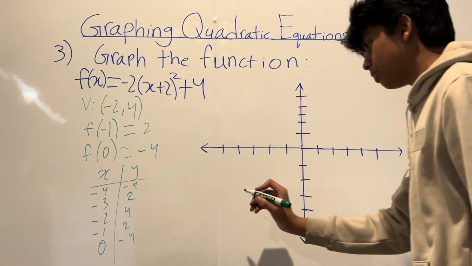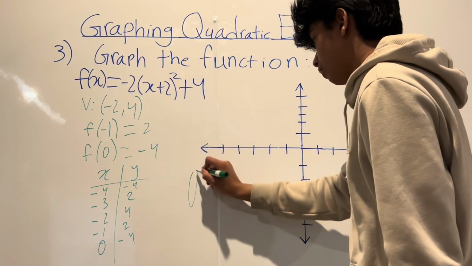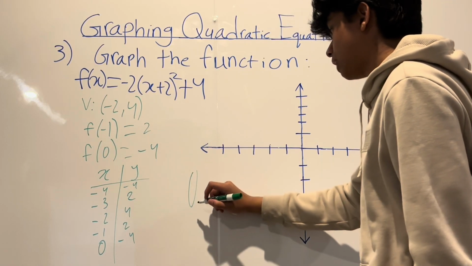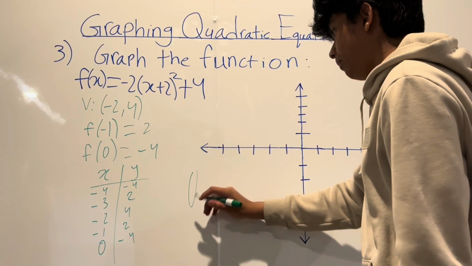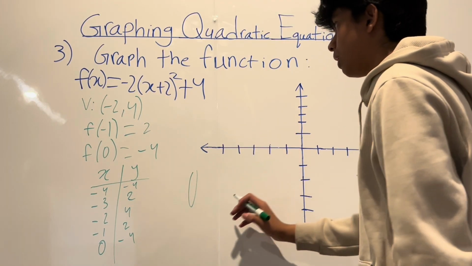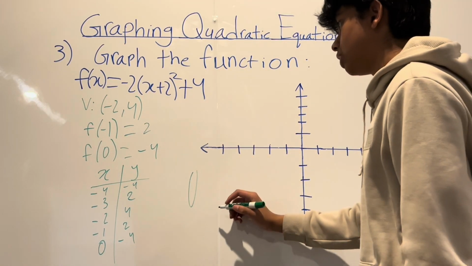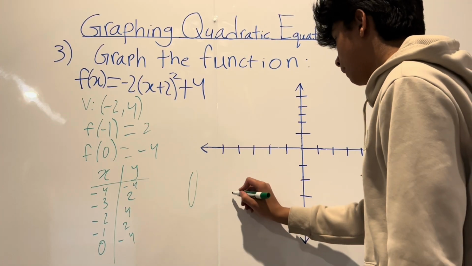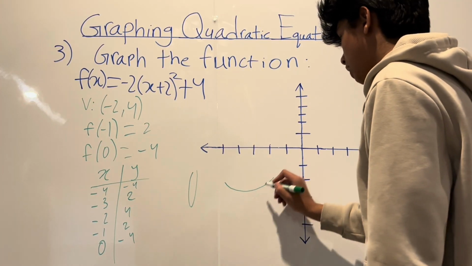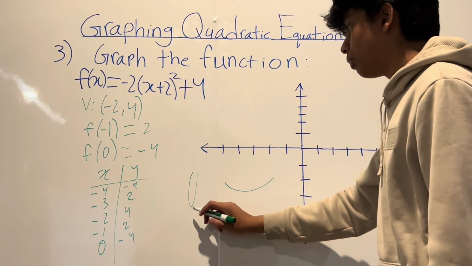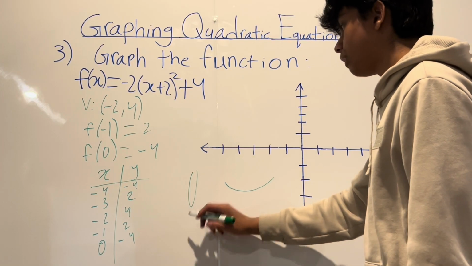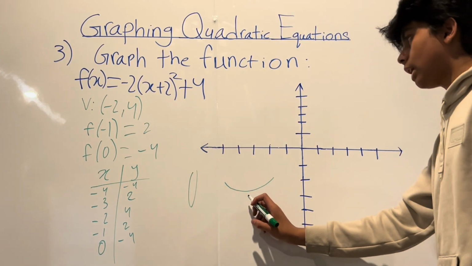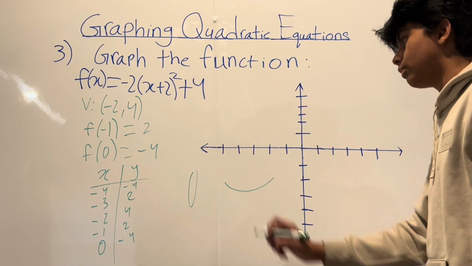The graph would be something like very, very shrunken. The shape's not entirely correct, but the curvature is going to be very small. But let's say we had a to be 0.01 or something, it would be very stretched out. You see the difference? This is when the a value is far from 0, the absolute value. And this is when the a value is very close to 0, the absolute value of it.